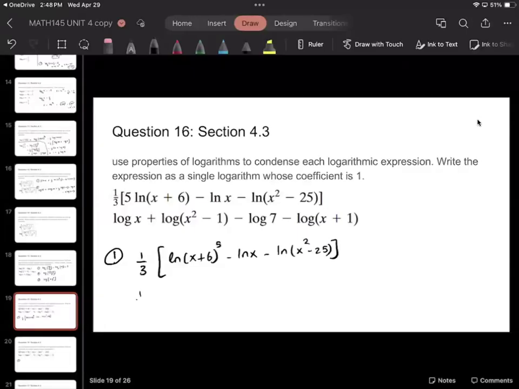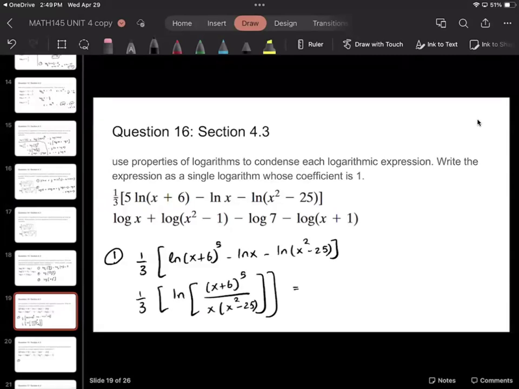In the second step, all the negatives will go in the denominator, right? So this will become under 1 ln. This will become x plus 6 to the power of 5 over x times x squared minus 25. Okay, so the x and the x squared minus 25 both go in the denominator.